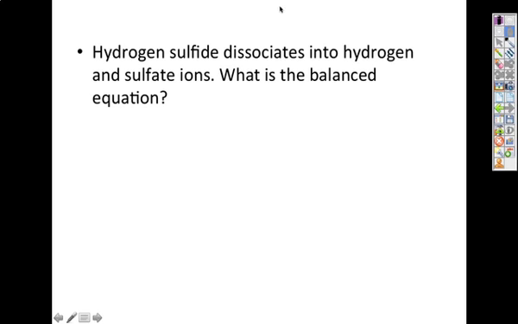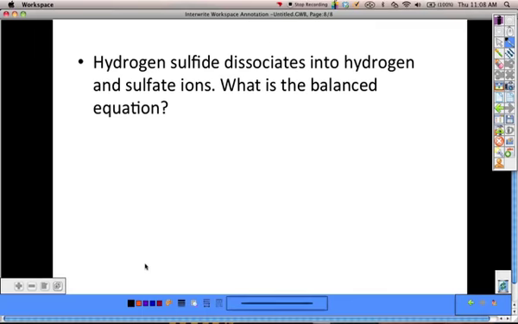Hydrogen sulfate dissociates into hydrogen and sulfate ions when in water.